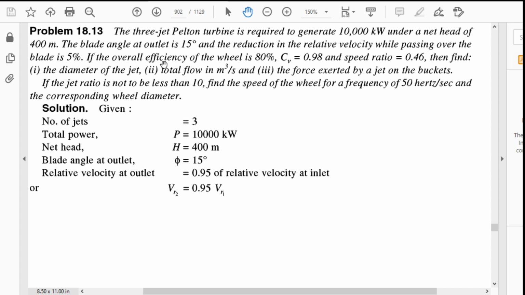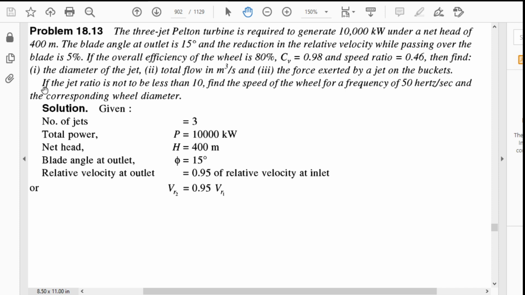If the overall efficiency of the wheel is 80%, CV equals 0.98 and speed ratio equals 0.46, then find out the diameter of jet, total flow in meter cube per second, and the force exerted by jet on the buckets.